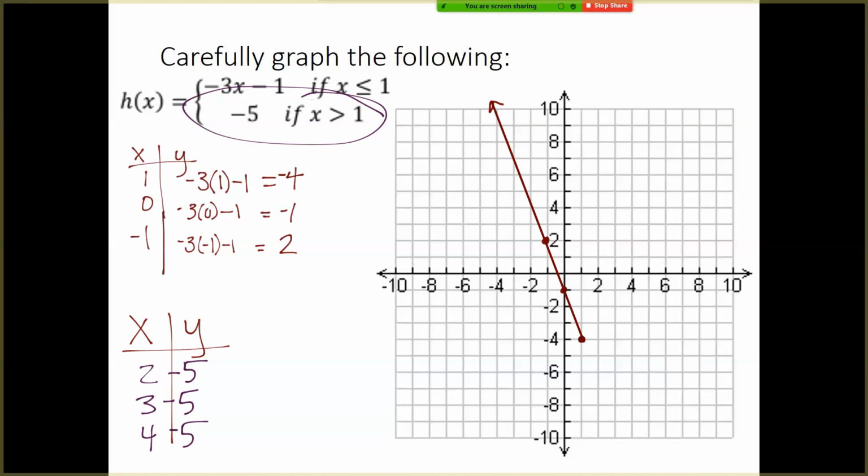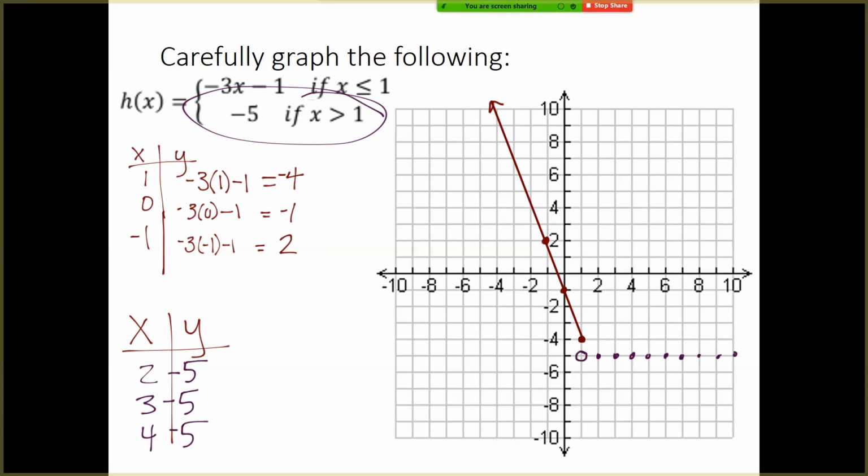So 2, -5, 3, -5, 4, -5, any number I can pick, as long as it's greater than 1. But remember, I can get really, really close to 1. I just can't touch it because there's not an equal sign underneath this. So I'm actually going to draw myself an open circle here. It's open here because there's no equal underneath the 1 for that second piece.